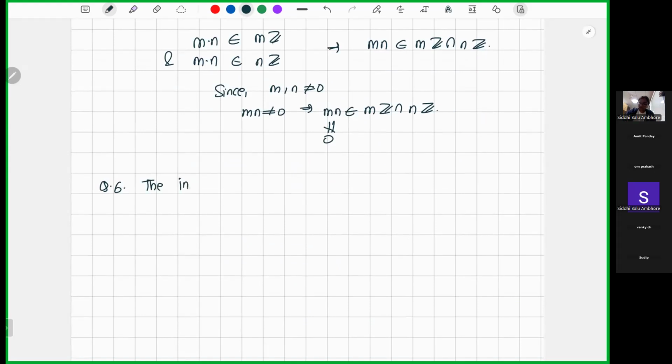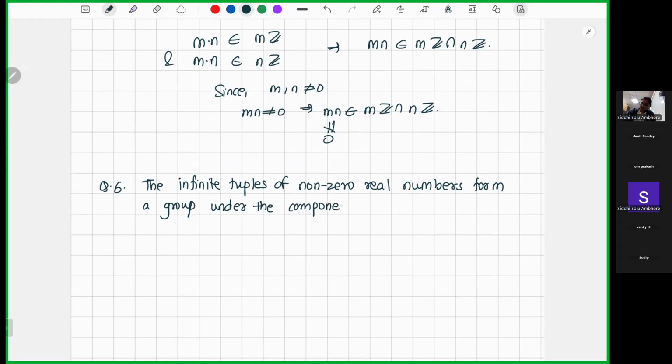The infinite tuple of non-zero real numbers form a group under component-wise multiplication.